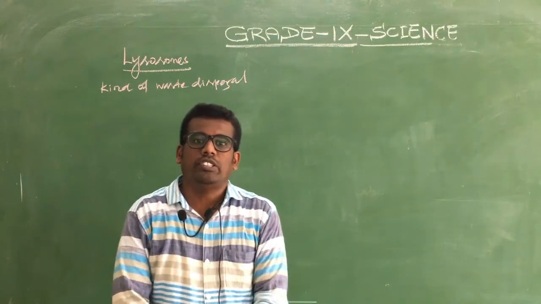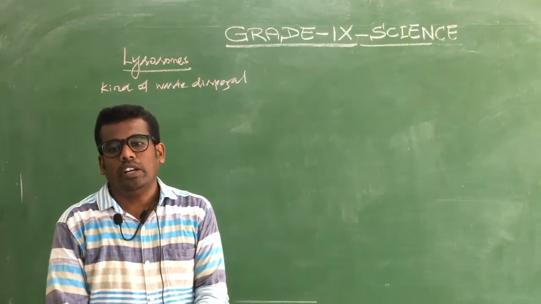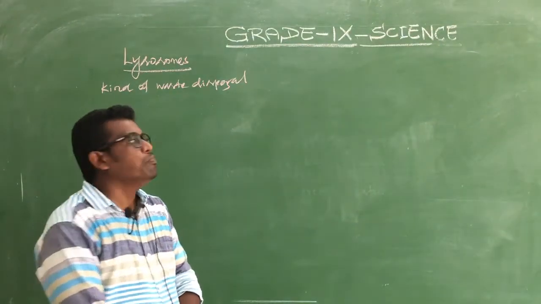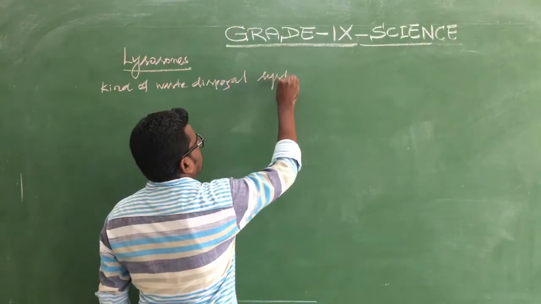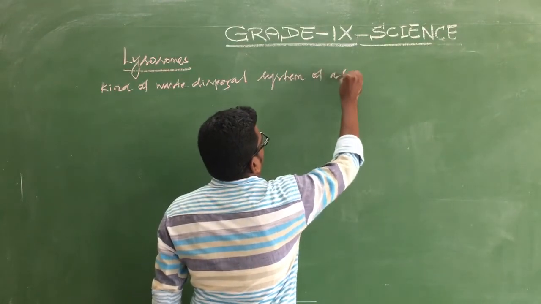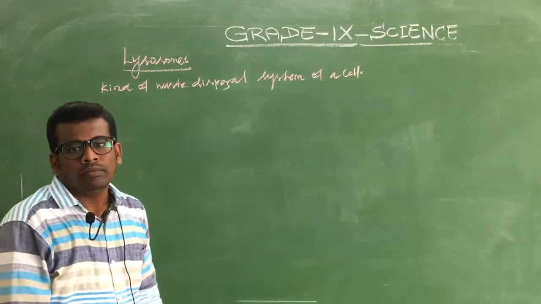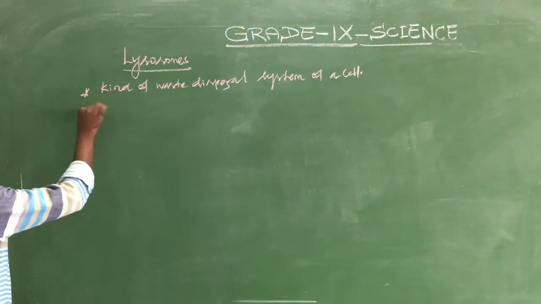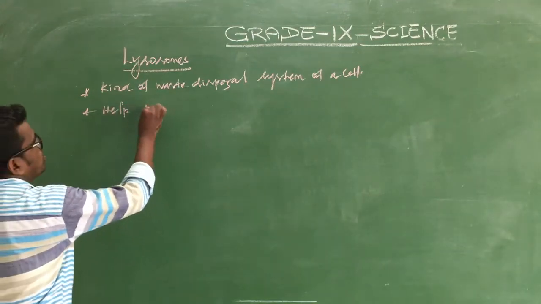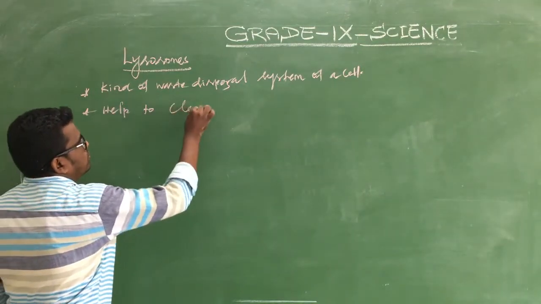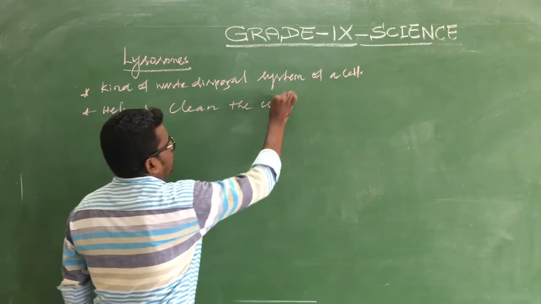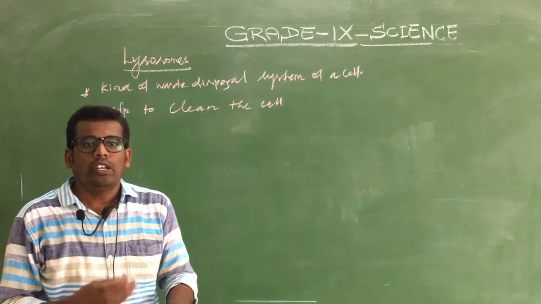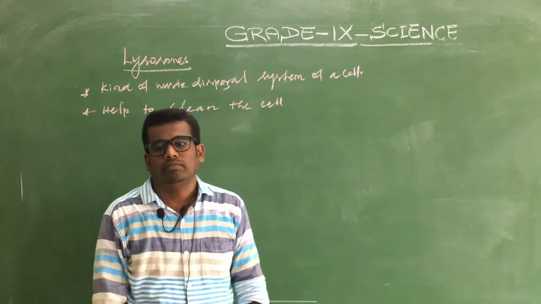It disposes the waste from the cell, so it is a kind of waste disposal system of the cell. The lysosomes help to clean the cell, because if waste is stored, it cleans the cell.